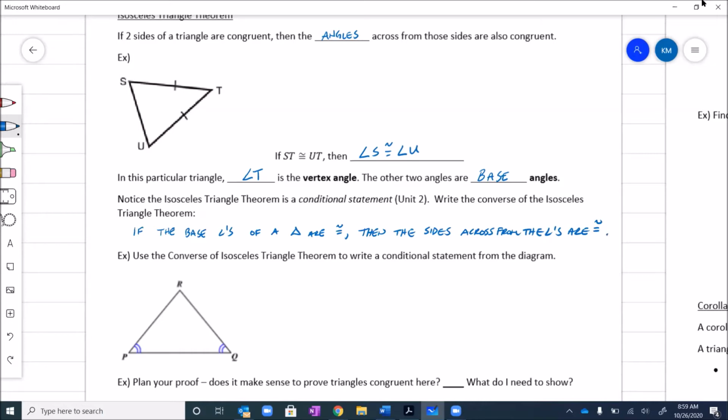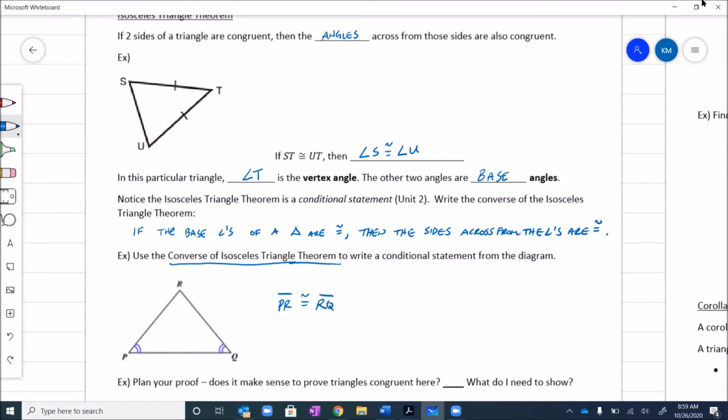And we have the converse of the isosceles triangle theorem here, okay? And so that's what we have. Use the converse of the isosceles triangle theorem to write a conditional statement from the diagram. And that's what we just did. So if we have angle P is congruent to angle Q, then we can say PR is congruent to RQ.